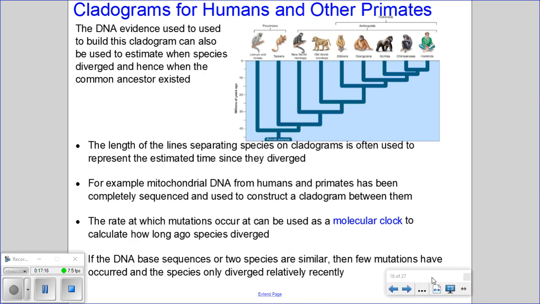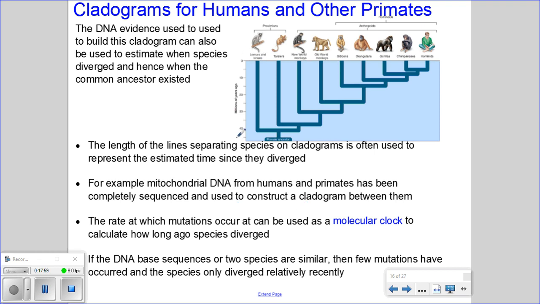Now, there are cladograms that exist for humans and other primates, and the DNA evidence used to build this cladogram can also be used to estimate when species diverge, and hence when that common ancestor existed. Generally speaking, the length of lines separating species on cladograms is often used to represent the estimated time since they diverged. So in the following example, mitochondrial DNA from humans and primates has been completely sequenced and used to construct a cladogram between them.